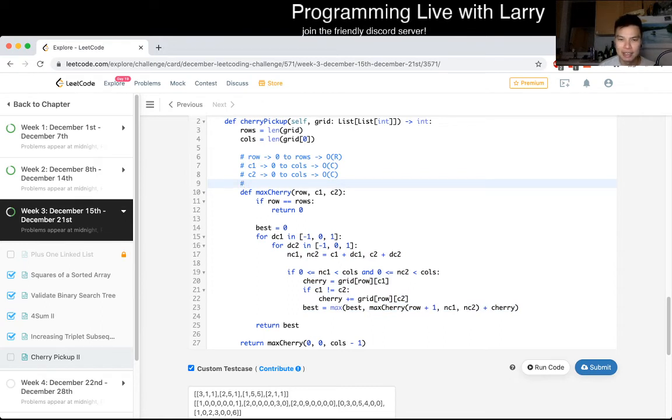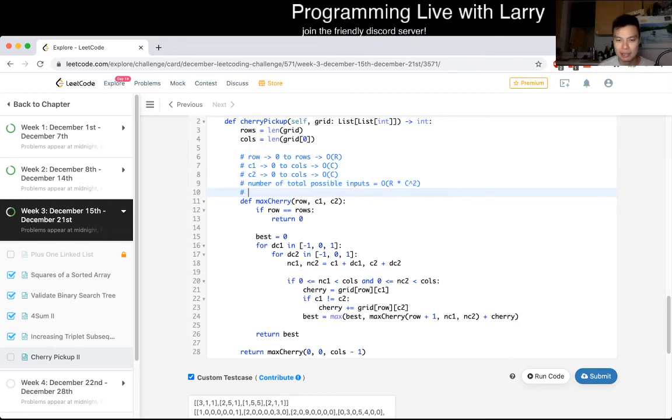So let's say it again: the number of total possible inputs is equal to O of R times C squared, and the work each input does is O of 1.